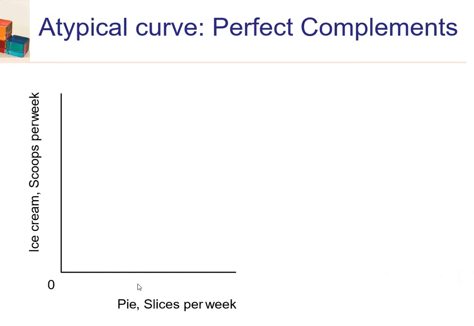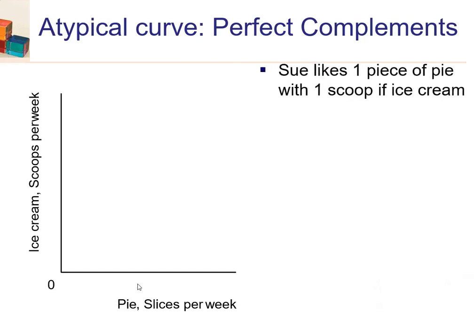Additional engines don't do you any good if you don't have additional tires. So, in this example, we can consider Sue, who will only eat a piece of pie if she can have a scoop of ice cream to go with it. For me, it would be like breakfast cereal and milk. I will only eat a bowl of cereal if I have milk to go with it. But for Sue, she likes 1 piece of pie with 1 scoop of ice cream.